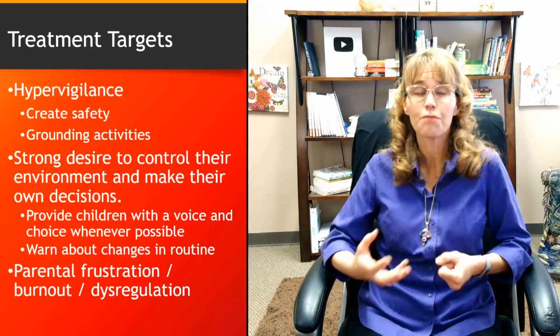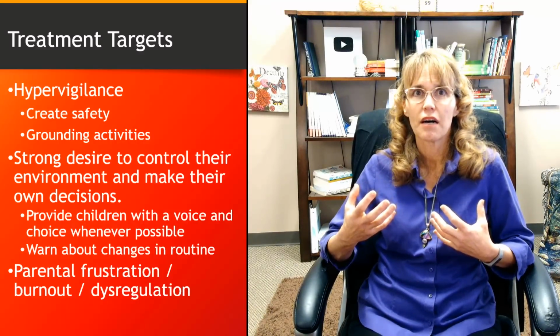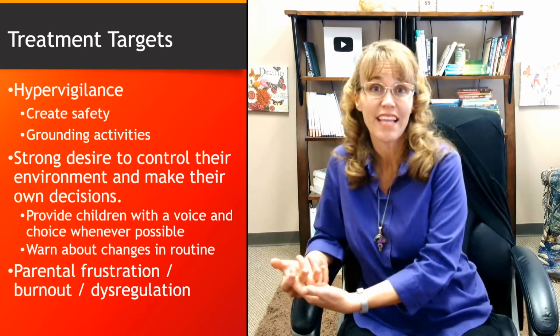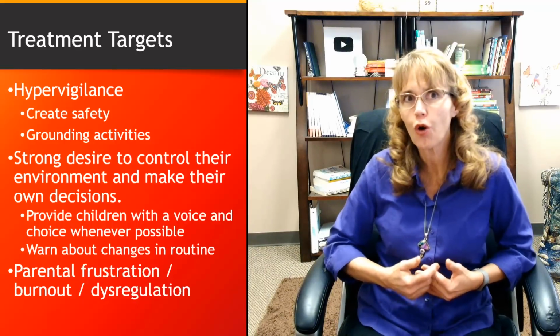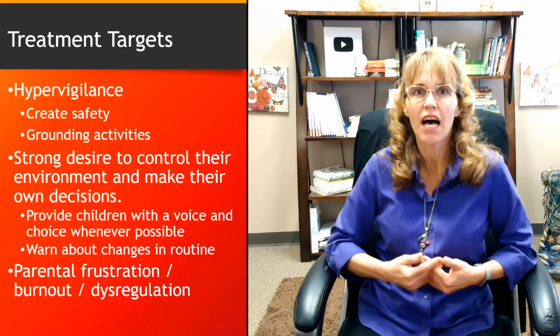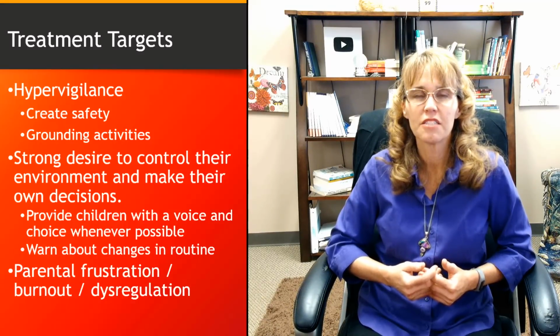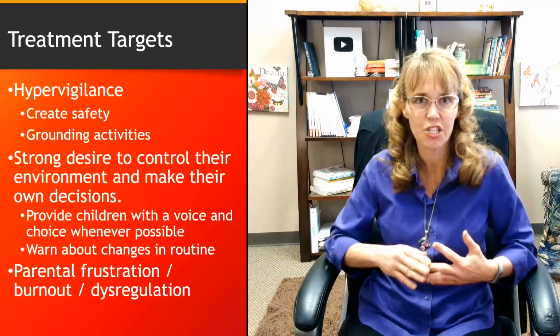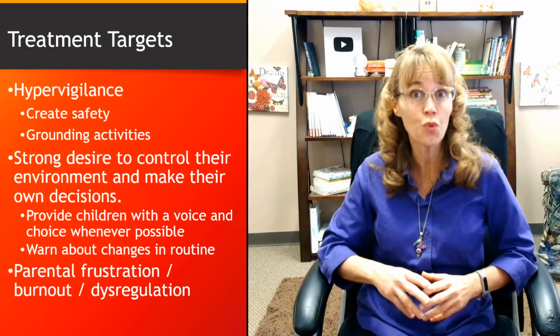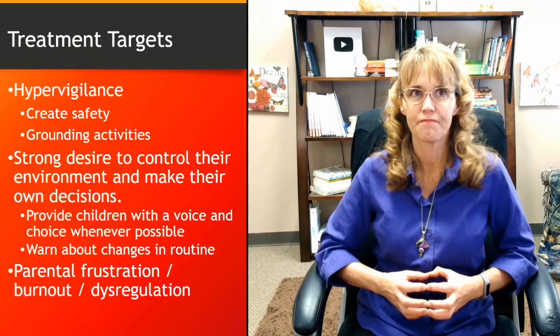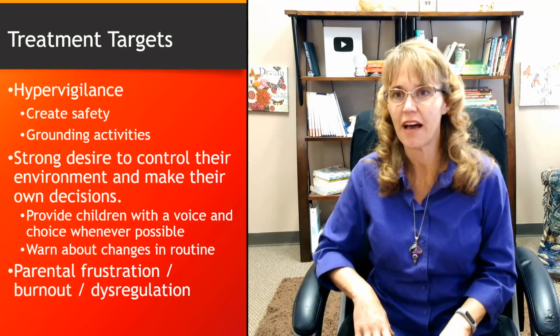We need to help them understand what's going on and develop the tools and the support that they need in order to cope with this situation until the child can develop a sense of safety and security and all these other tools that they will need in order to have a happier, healthier life.